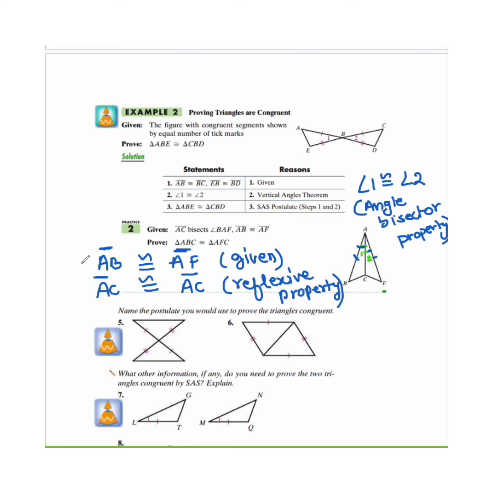So we just proved that the two sides and the angle between them are congruent. So we can say that triangle ABC is congruent to triangle AFC by SAS postulate.